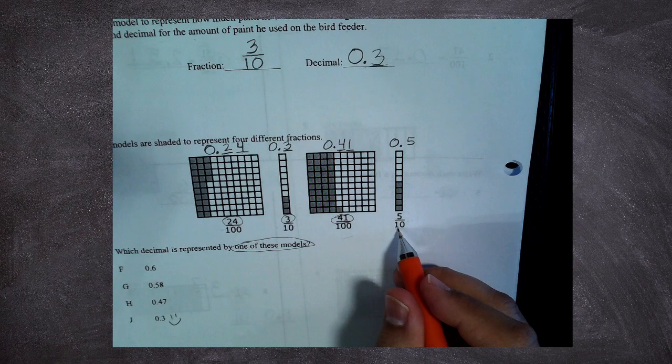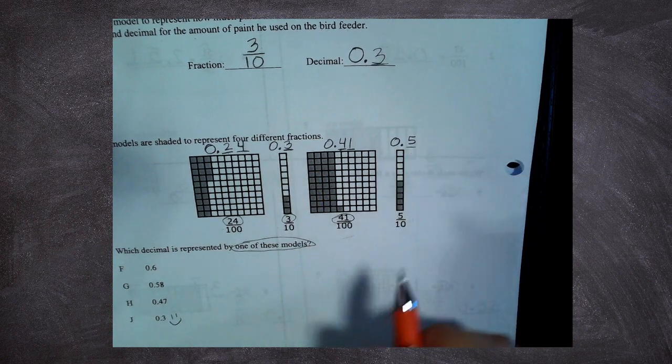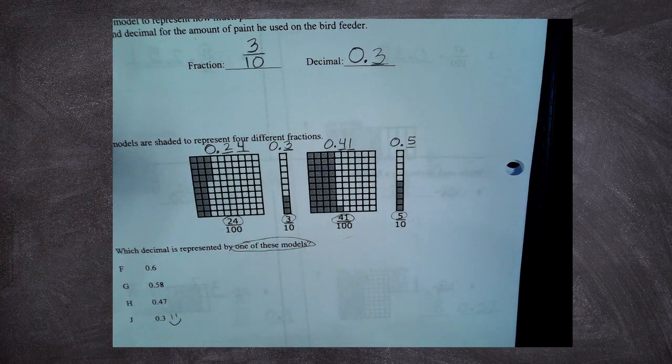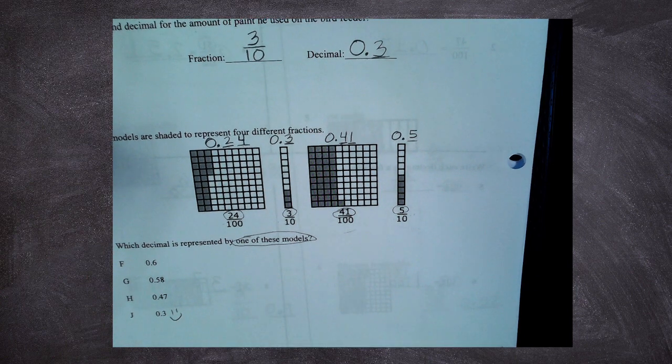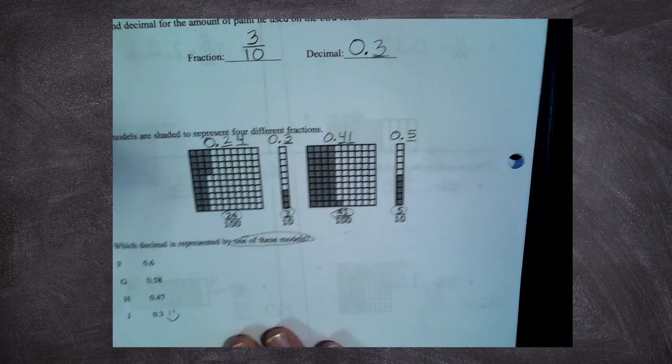My denominator is a 10, so there's only one place value, which is good because I only have one digit as my numerator. 0.5. Ezekiel, do you see any decimals that match the one I have here? Do any of my answer choices match? No. They don't match the last model either.